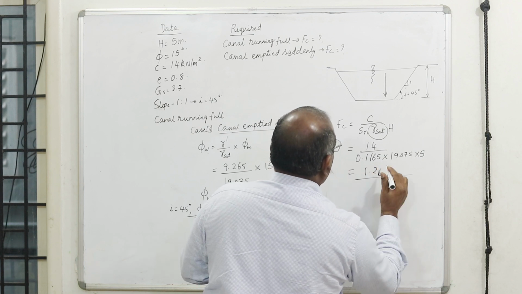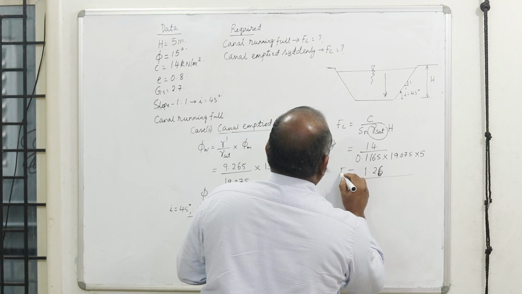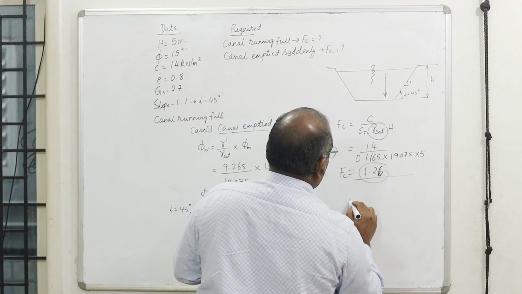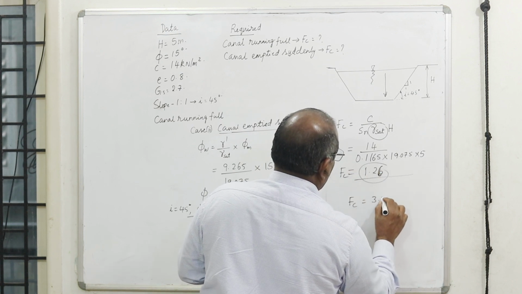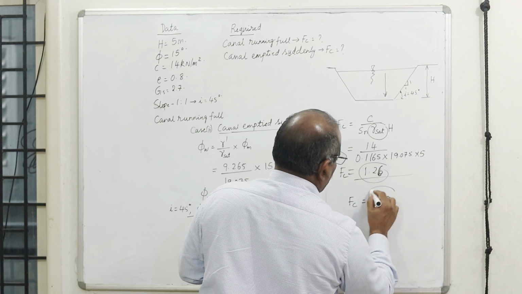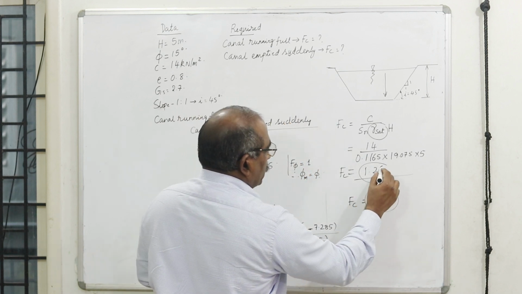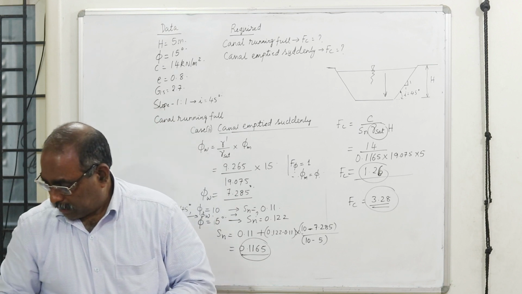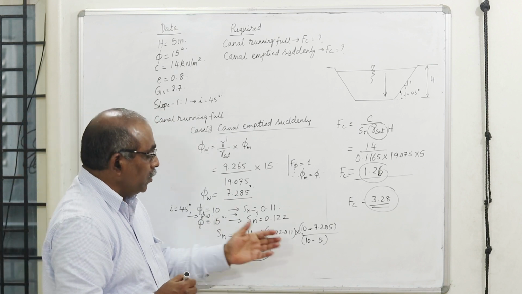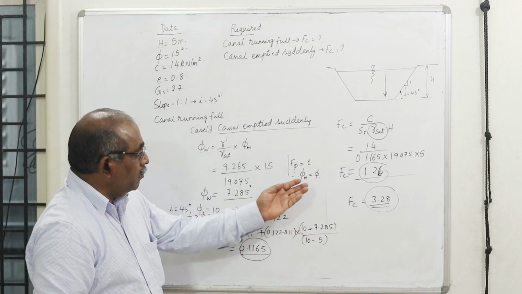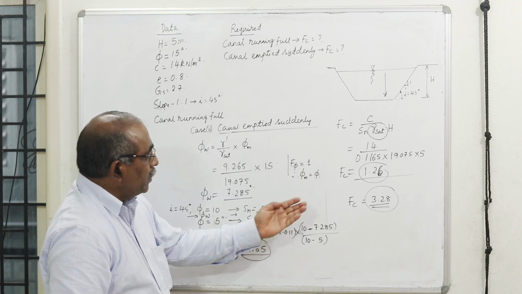Now the factor of safety has reduced. In the first case it was something like 3.28 or 2.8, it was more than 3. What has happened? The value of factor of safety has reduced very near to 1. So therefore this is a very critical condition.